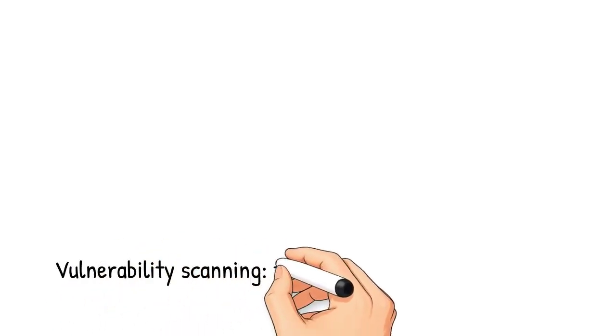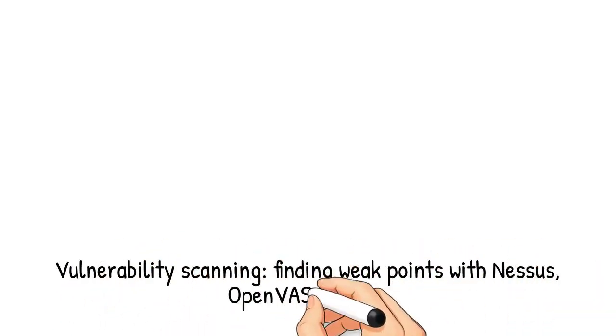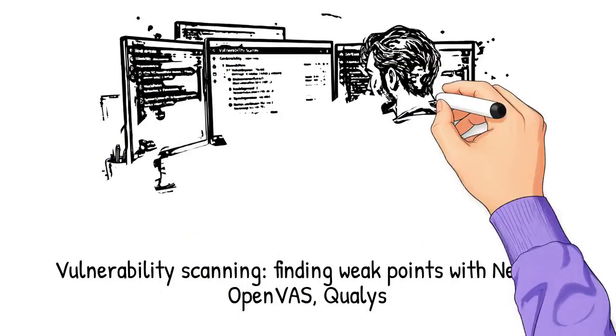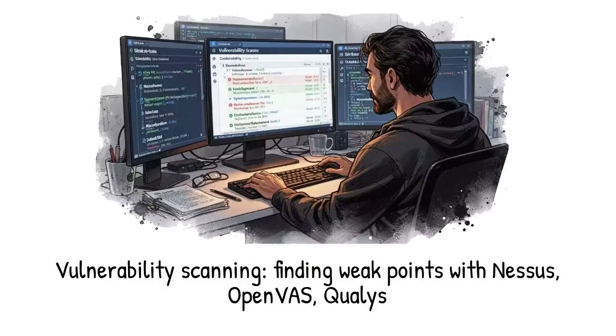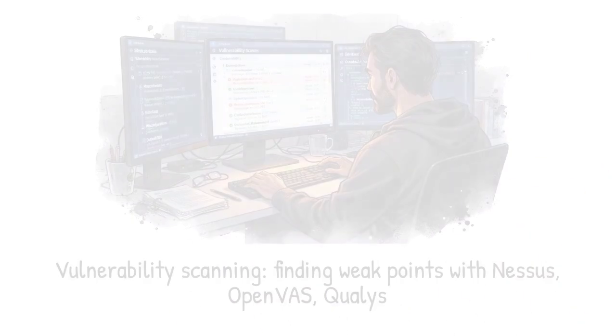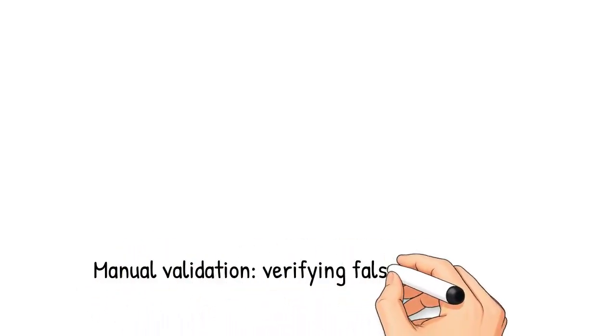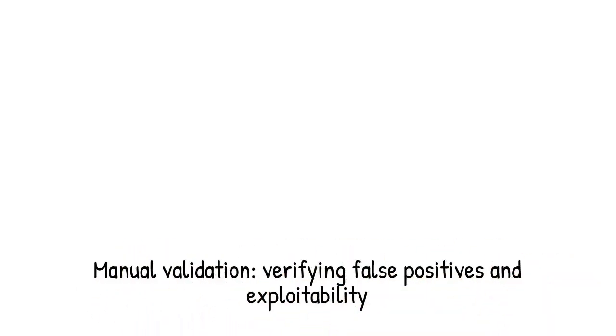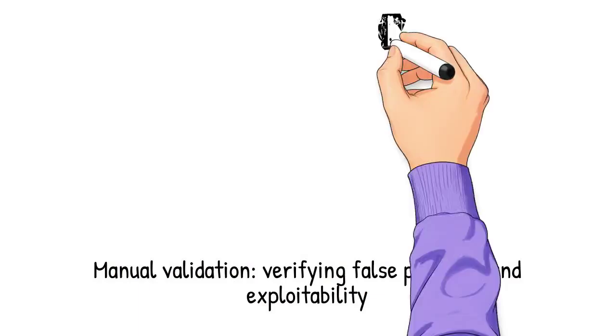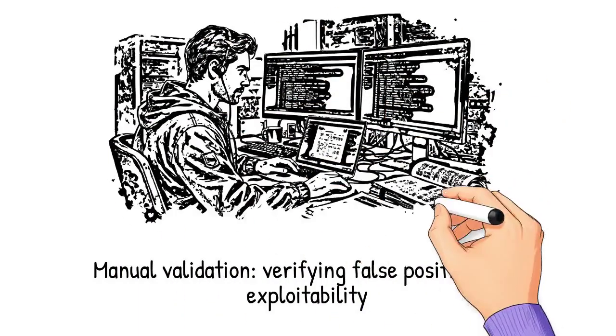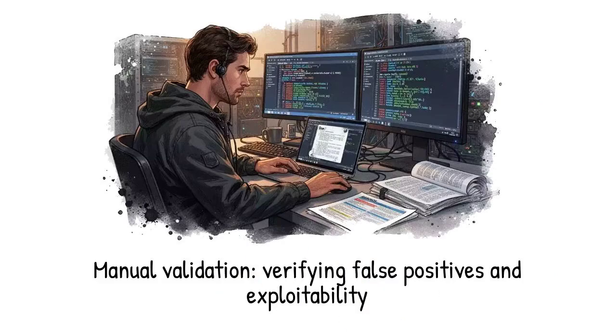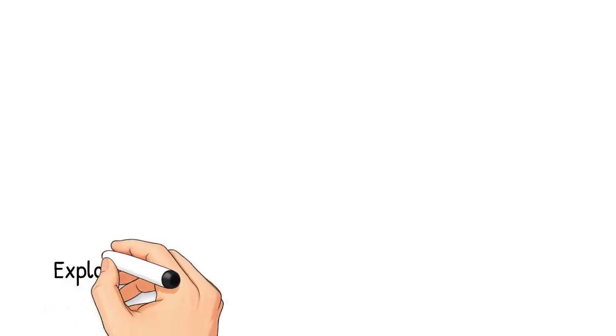3. Vulnerability scanning. Tools like Nessus, OpenVAS, and Qualys are used to identify known vulnerabilities, misconfigurations, weak services, outdated software. 4. Manual validation. Ethical hackers manually verify false positives, exploitability, attack paths. This is where skill matters. 5.